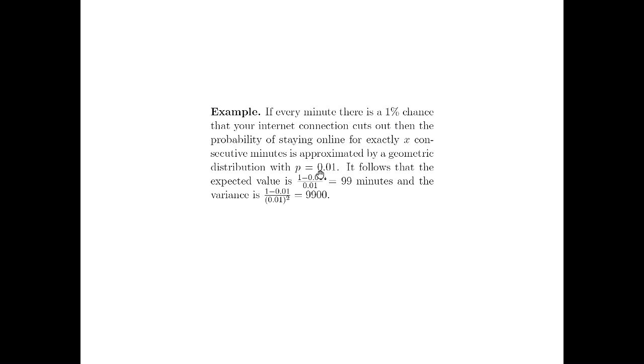We have a geometric distribution where our probability of success, which in this case is your internet connection cutting out, is 1%. And you can work out that the expected value of this is going to be 99 minutes. So you should expect to get an hour and a half or so before this cuts out. And you can work out the variance too.